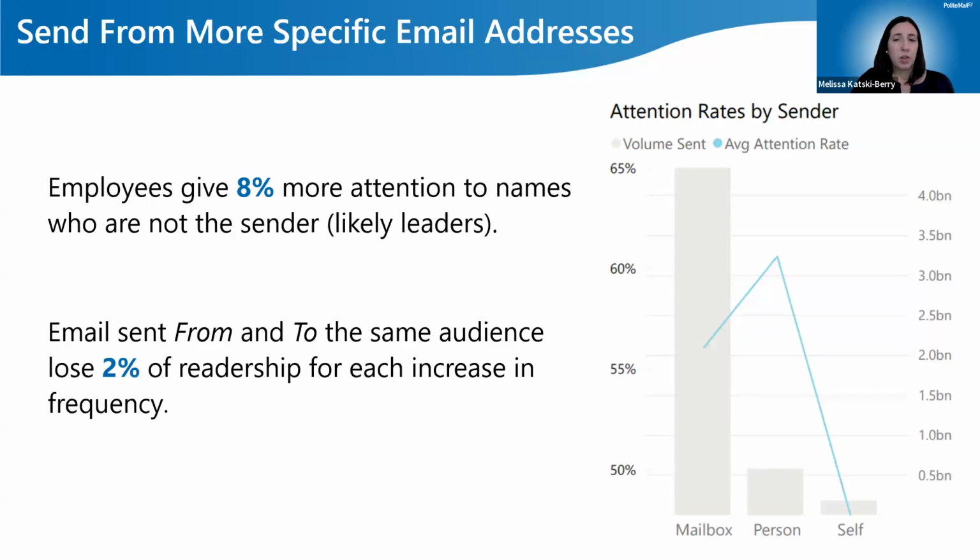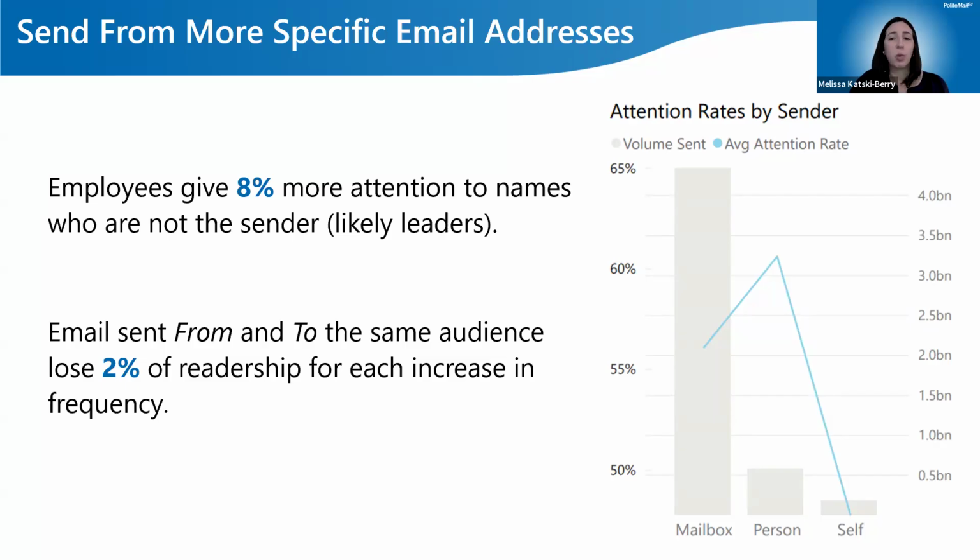The first thing we want to look at to get the audience's attention is what from address the message is coming from. And I know this can be a main cause of send anxiety, as oftentimes communicators are writing emails on behalf of leadership. But if you want to increase your readership and engagement, sending from a recognized leader will increase those chances.